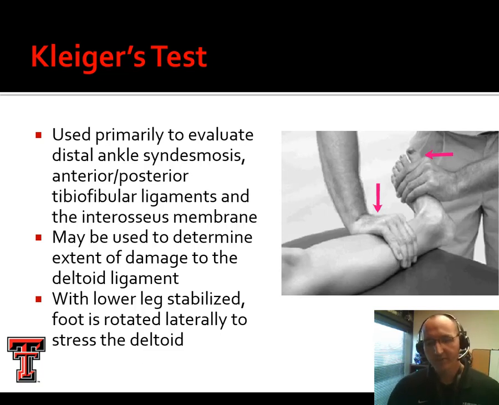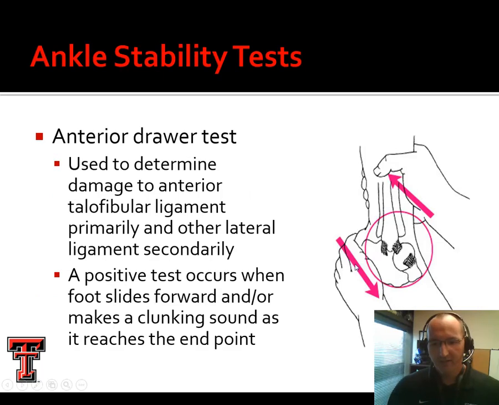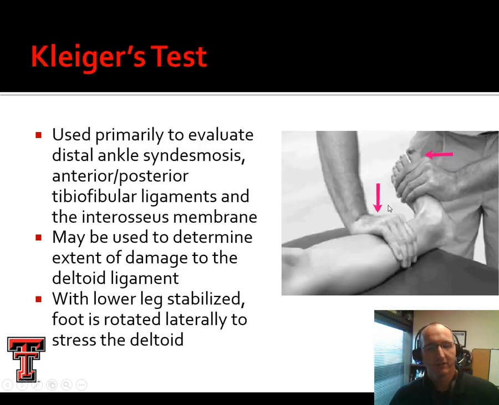Okay, so instead of having pain in the sinus tarsi like we have in the case of an anterior talofibular ligament sprain, we actually have pain higher on the ankle joint. So you've probably heard that term before, a high ankle sprain. That is for the anterior tibiofibular ligament and possibly even the interosseous membrane between the two bones.